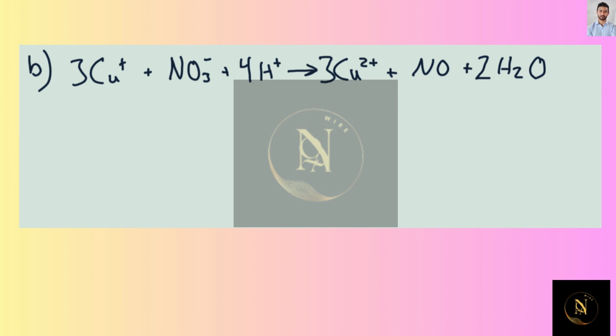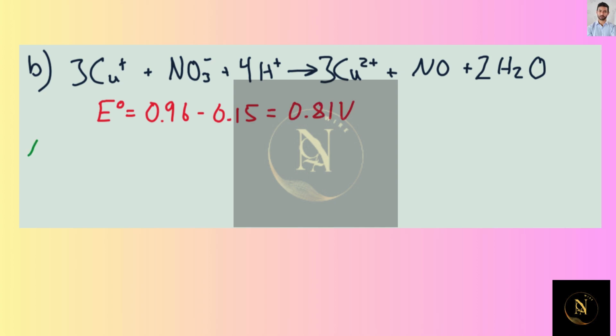Now, to calculate the EMF, we first put the reduction, nitrate to NO, and we get 0.96 from the appendix, and then for the oxidation we get 0.15. So we have a value of 0.81 volts.